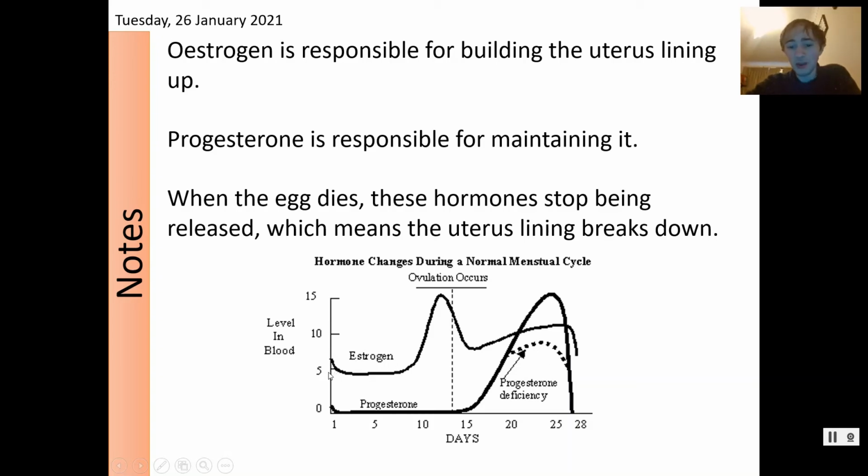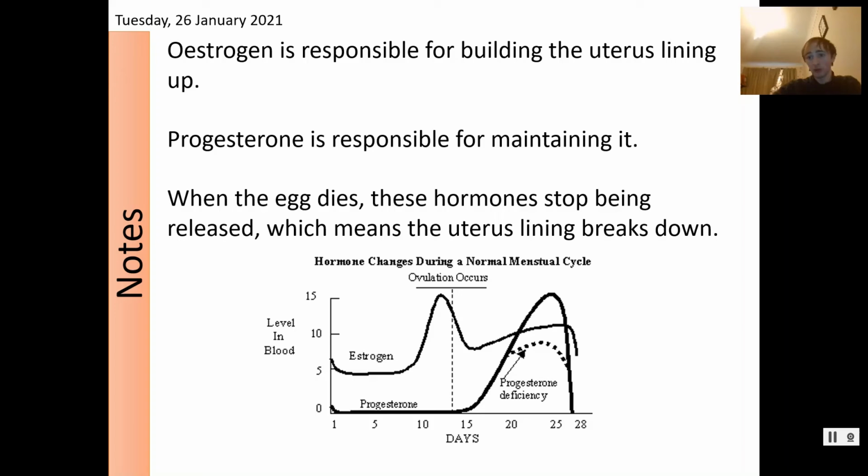Now you'll notice it's always present. That's because women have a constant supply of estrogen. It does lots of other things as well as building the uterus lining up. But when you want the uterus lining to really start ramping up, we're going to increase the levels of estrogen. So we don't need to know about the graph, it's just demonstrating it, but estrogen is responsible for building the uterus lining. You just need to know that fact.